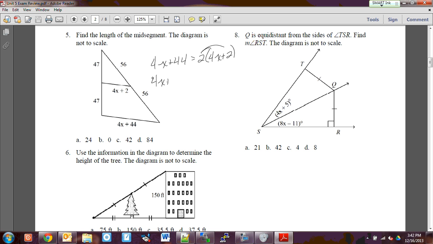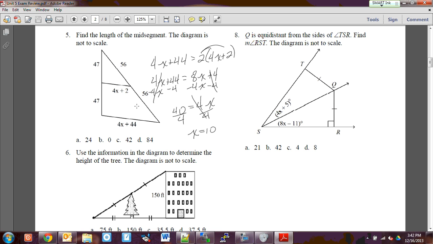So 4x plus 44 equals 8x plus 4. Subtract the 4. And then I'm also going to subtract the 4x here to bring it over to the other side in the same step. So now 44 minus 4 is 40 equals 8x minus 4x is 4x. Divide both sides by 4. And you get x equals 10.